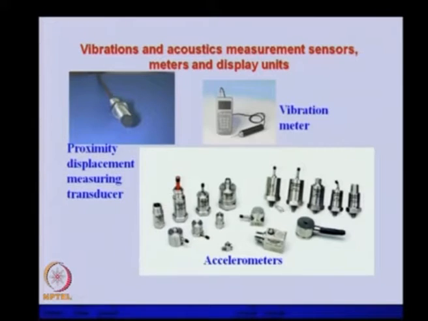There are various kinds of mounting; you can see this is the base, and threaded bolts are there. We need to fix this onto the body, or sometimes we can glue it. So, various kinds of mounting we can have in this kind of sensor.